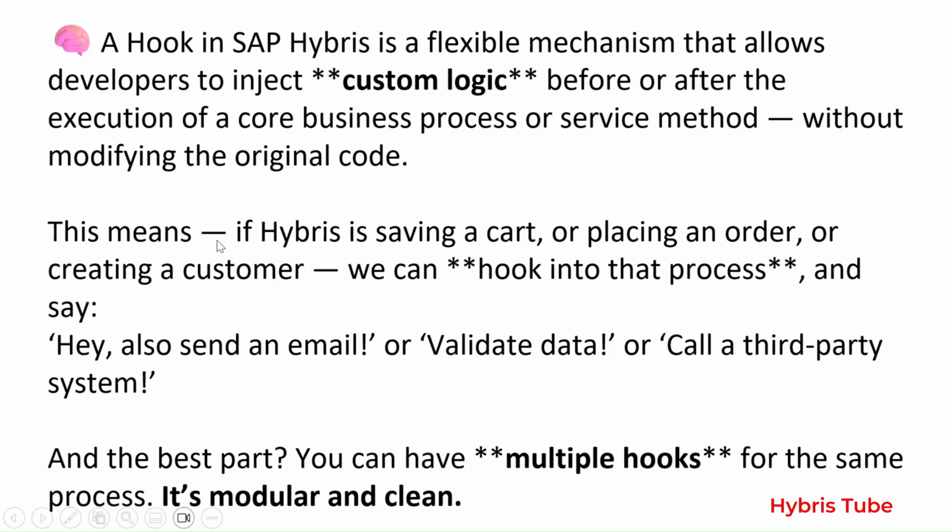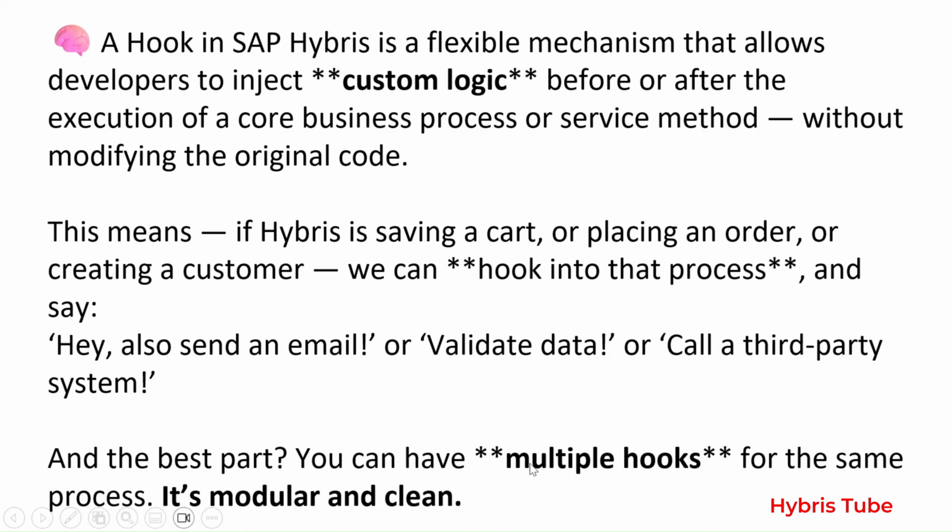So I can say this means if Hybris is saving a cart or placing an order or creating a customer, we can hook into that process and we can say, hey, also send an email, right? So for sending an email we can create a hook, or for validating the data as well I can create a hook, or if you want to call a third party system in between this parent flow, you can create a hook for that requirement.